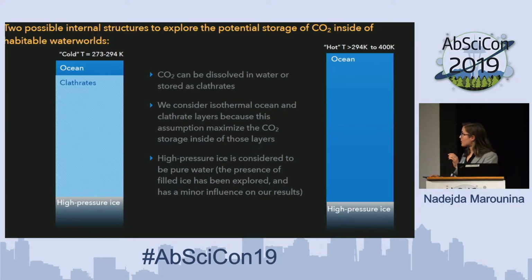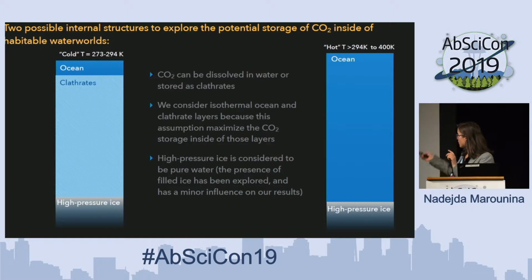So there are roughly two possible internal structures for a habitable water world. This is a cold version of a water world that will have a shallow ocean, a thick layer of clathrates, being a crystalline structure of water where water forms cages that can entrap molecules, here CO2, and then high pressure ice.